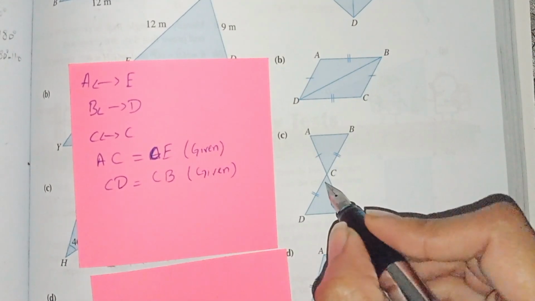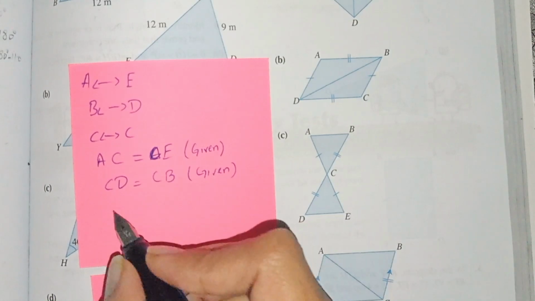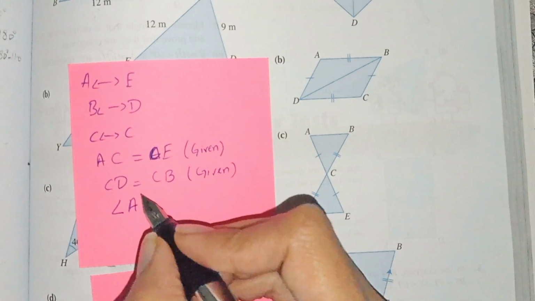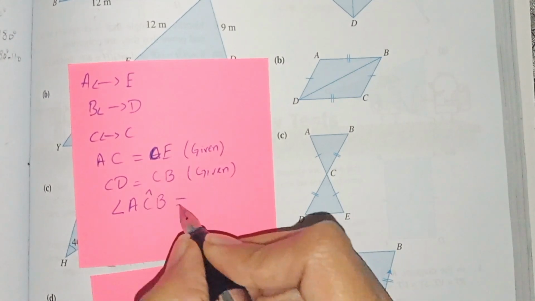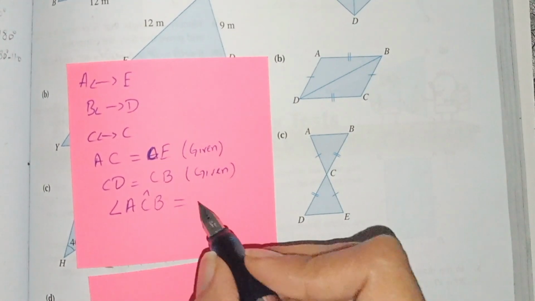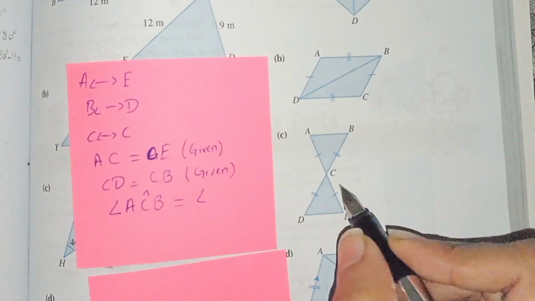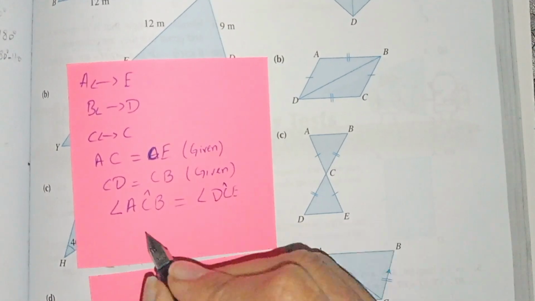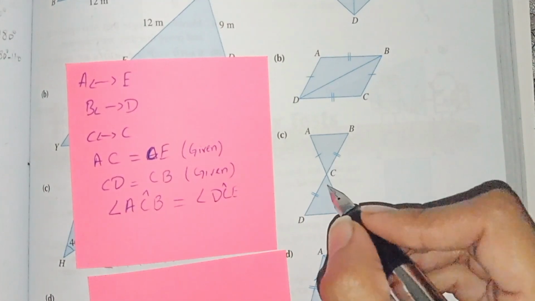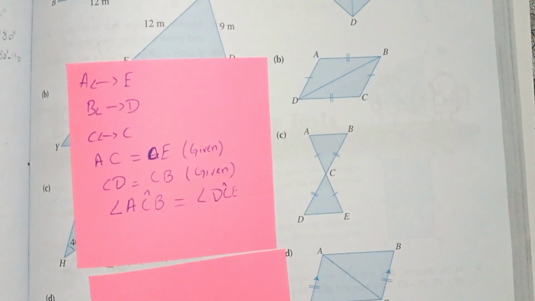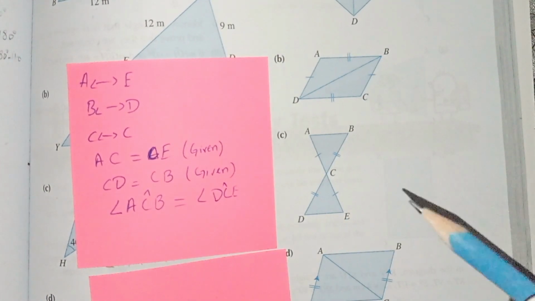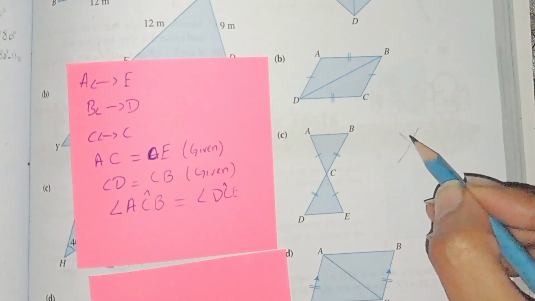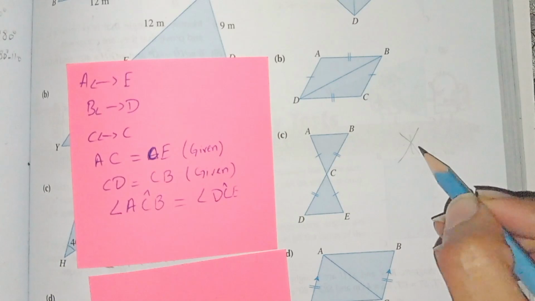And angle C of this triangle is equal to angle C of this triangle. You can write it like that: angle ACB is equal to angle DCE. Why are they equal to each other? They are vertically opposite angles. Vertically opposite angles are always equal to each other. Those lines which cut each other, and these angles are called vertically opposite angles, and they are equal to each other.